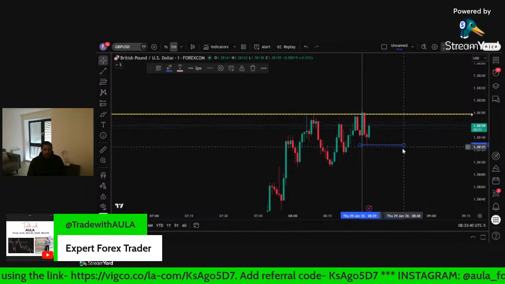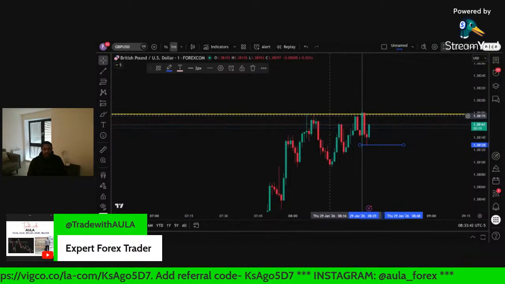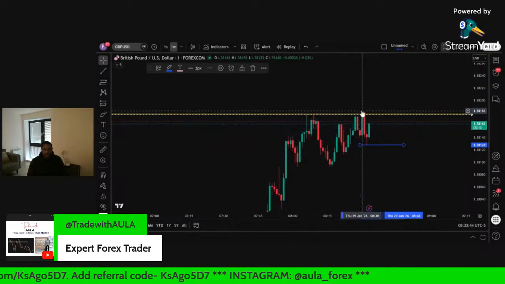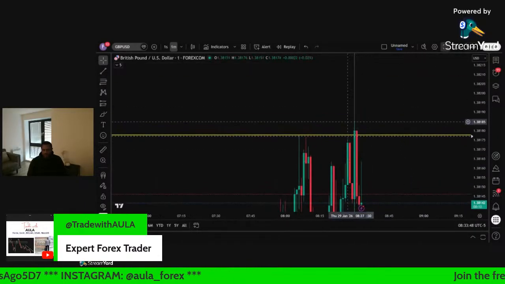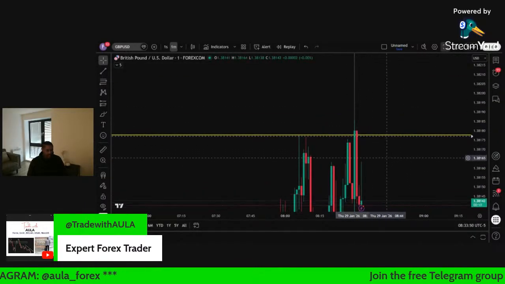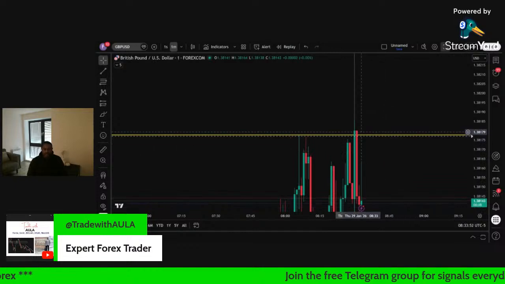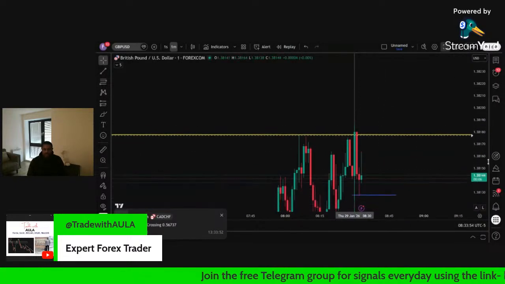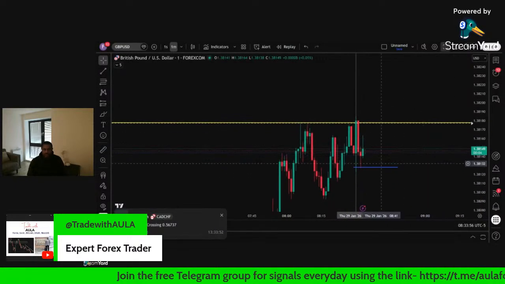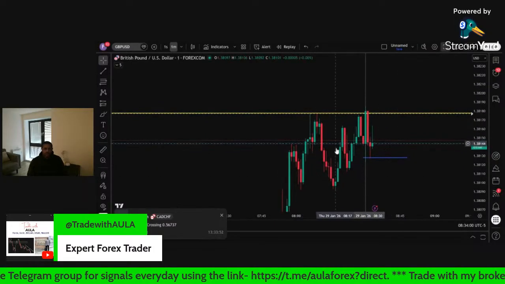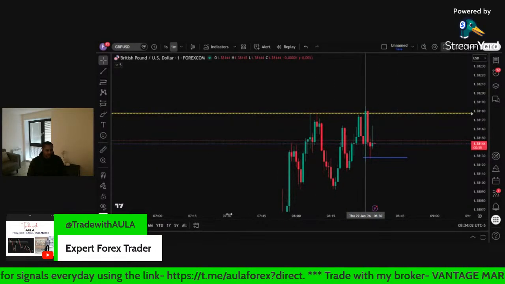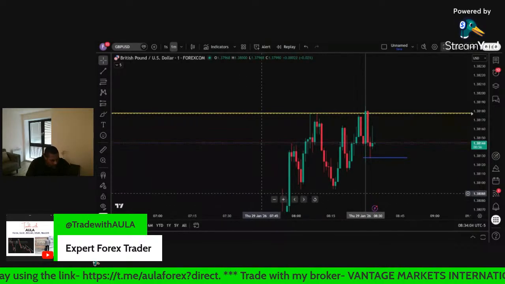What I'm trying to see is the sweep of the 15 minute highs, which has happened already with this green candle that went higher here, and then the drop down into the range. So we've seen a drop down into the range, and I want to see the swing low, and there's a possible formation of the swing low here.